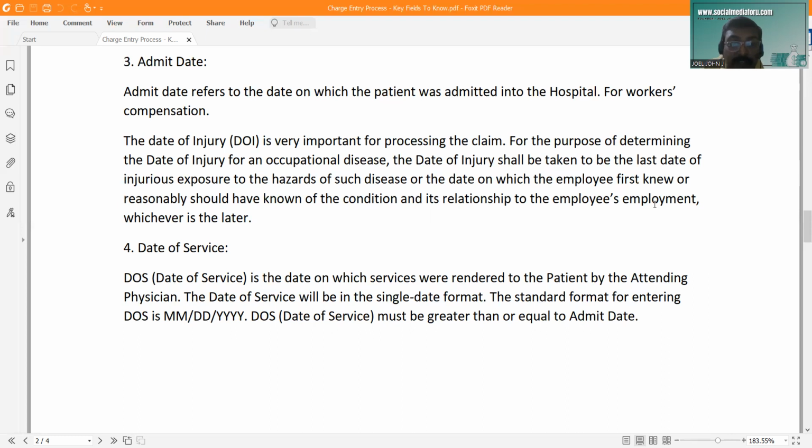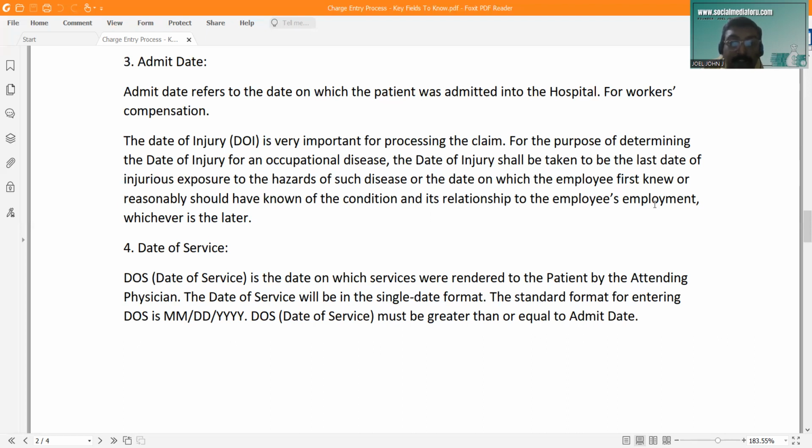For the purpose of determining the date of injury for an occupational disease, the date of injury shall be taken to be the last date of the injury exposure to the hazard of such disease, or the date on which the employer first knew or reasonably should have known of the condition and its relationship to the employee's employment, whichever is later.